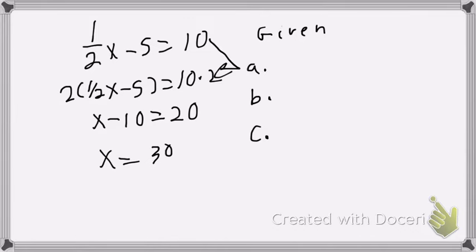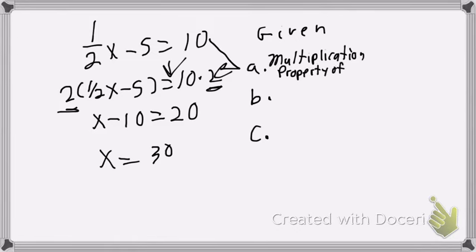You need to look through those properties and say, which one of these says that if I multiply one side by something, this 2 right here, then I can multiply the other side by the same number and keep this equal sign? And that would be the multiplication property of equality.